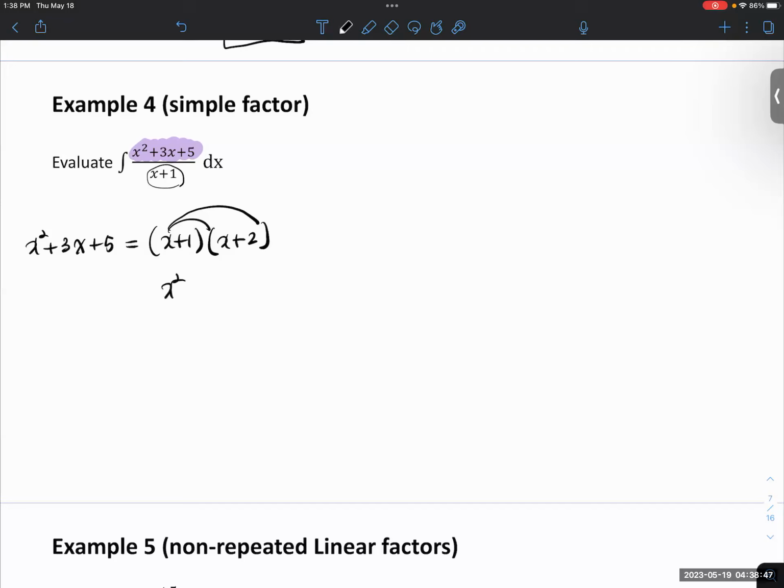So let me see, x squared, 2x, x, 2. So x squared plus 3x plus 2. I need 3 more to get 5, so we are adding 3.